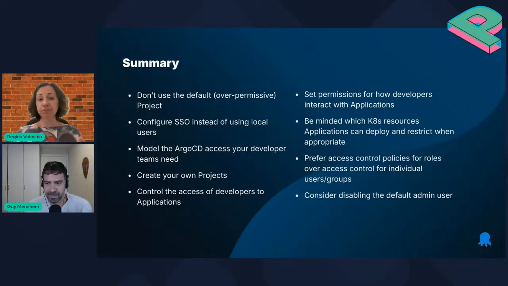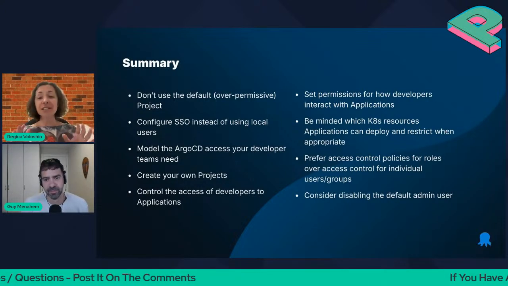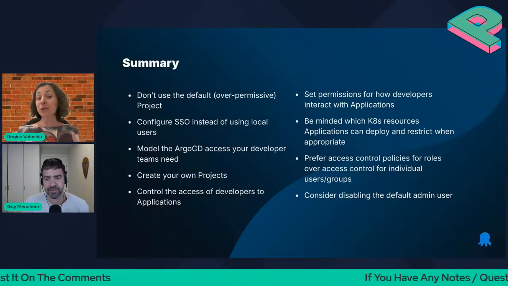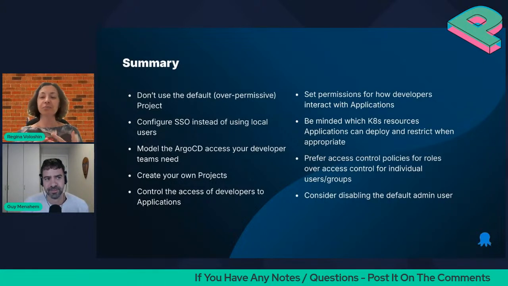So to wrap it up, please don't use the default over-permissive project. Make sure you configure SSO instead of using local users. Model the ArgoCD access that your developer teams need. Please create your own projects and control the access of developers to applications.